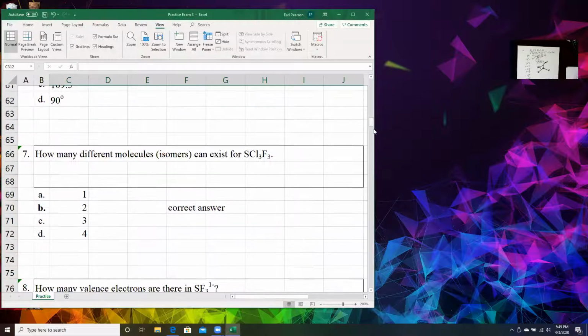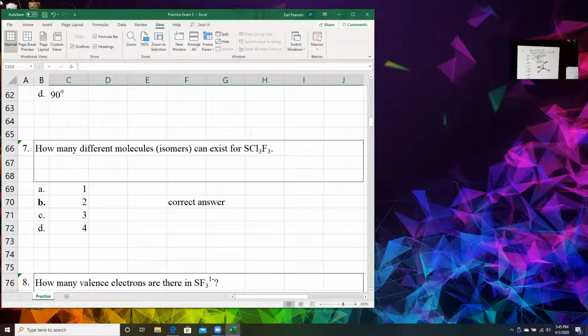Number 7. How many different molecules or isomers can exist for, I think I'll start a new page of paper. It says number of different molecules, 7.